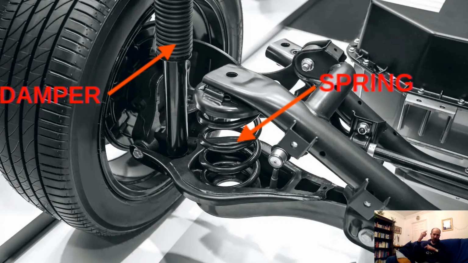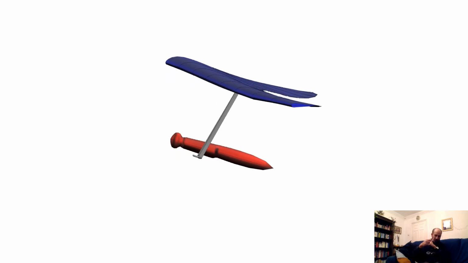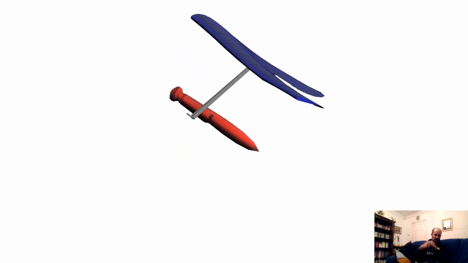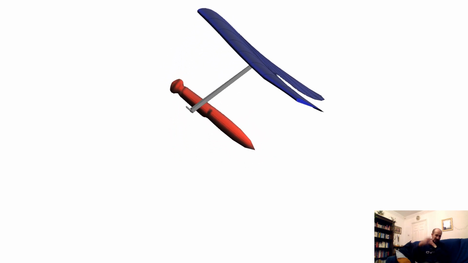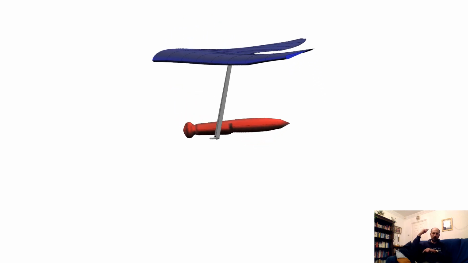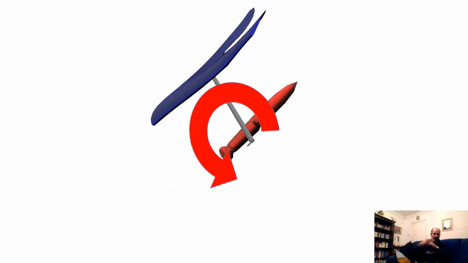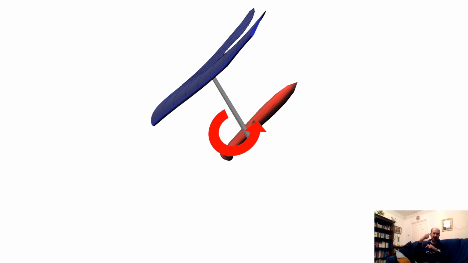So in the case of the glider that's just on the point of going towards a tumble, it's rotating forwards, so you've got momentum there that's making it rotate forwards, but then the faster it rotates, it's rotating through the air.